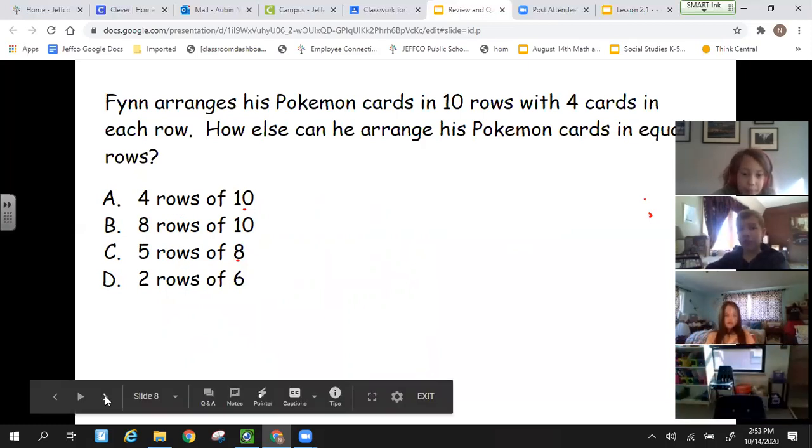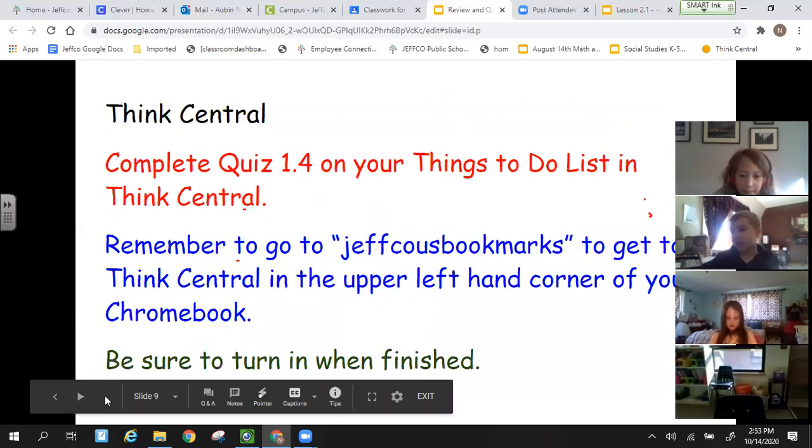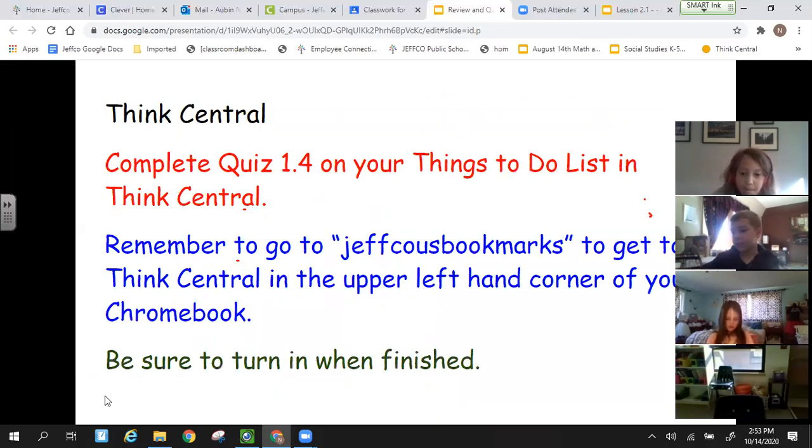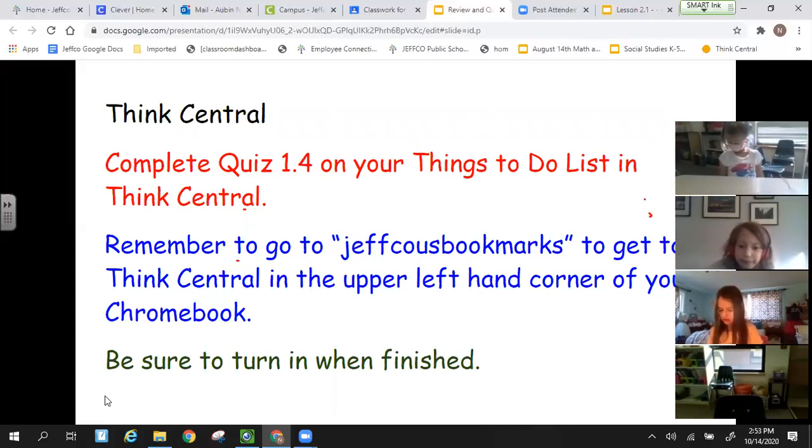Use your time wisely. So you are going to complete quiz 1.4 on your things to do list in Think Central. When you are finished, make sure you turn it in. Please use your spiral and pencil to help you with this. We drew pictures like crazy today. Remember what Cooper did to show you how to divide things up.